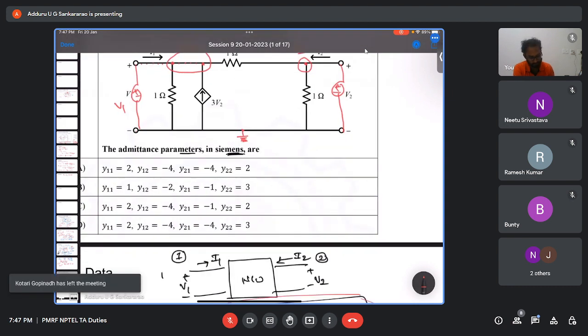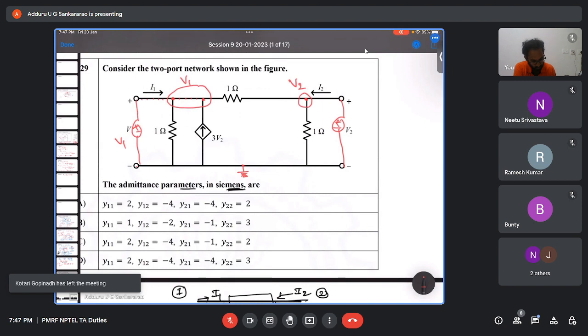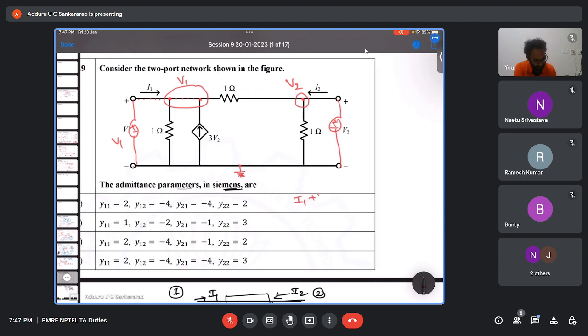At node 1, I1 is entering. Let us say entering current equals leaving current. I1 is entering and 3V2 is entering, and the leaving current is V1 minus 0 by 1. And another leaving current is V1 minus V2 by 1.